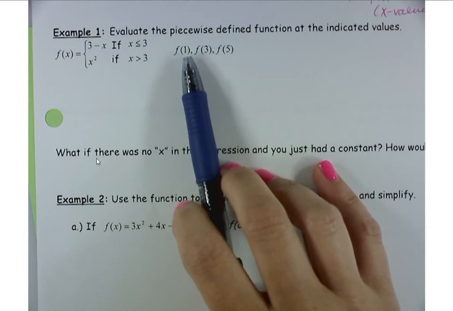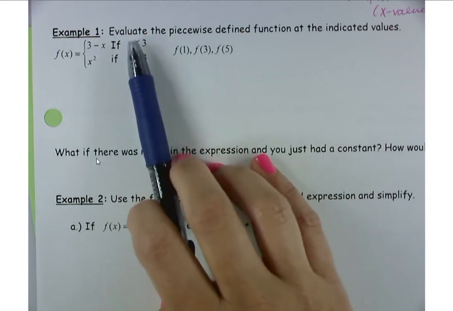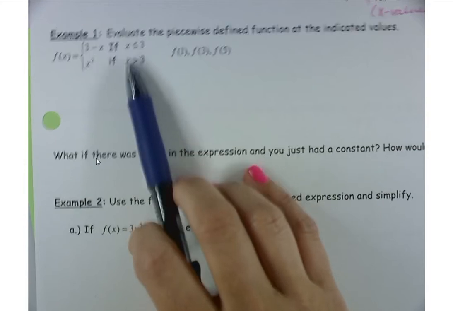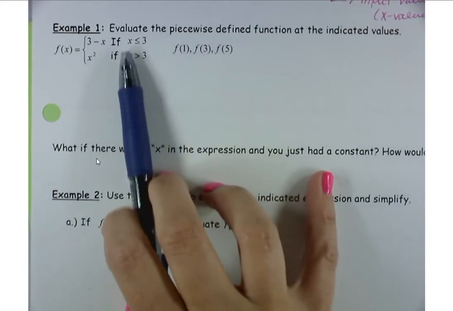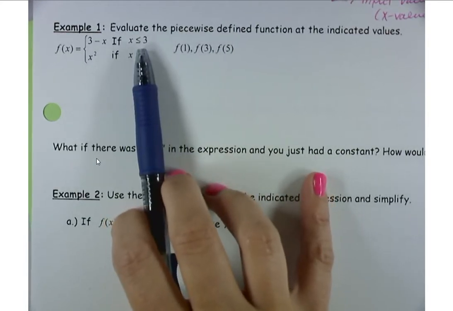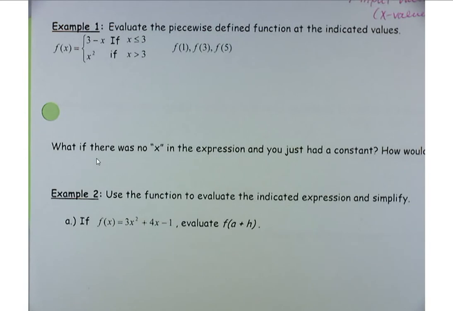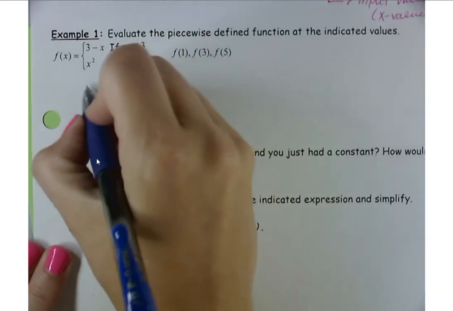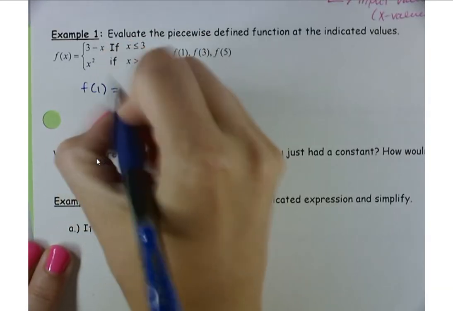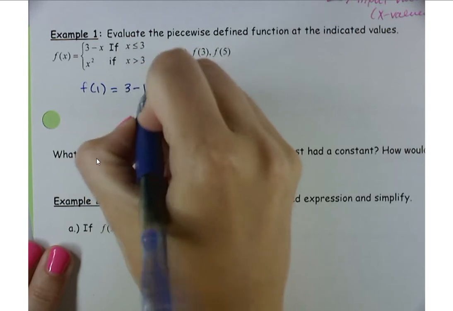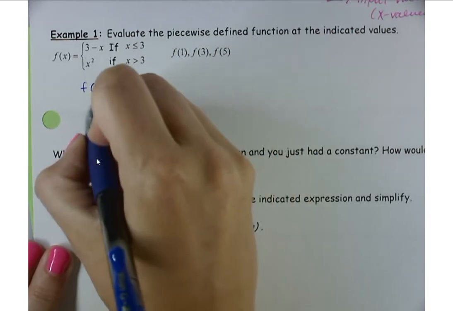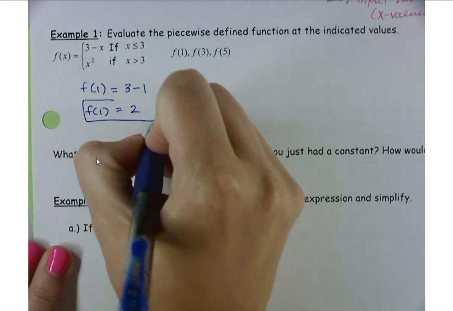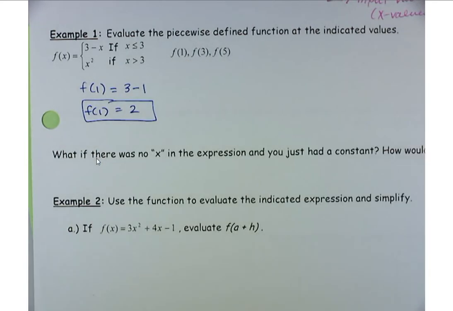Because this is a piecewise, we have to determine which equation we're going to use, and that's based on this inequality. So is 1 less than or equal to 3? Yes, so then I have to use the first one. So if I'm finding f of 1, I'm going to use 3 minus x, which is going to be 3 minus 1, which is just 2. So my f of 1 is going to be 2. That's the answer.